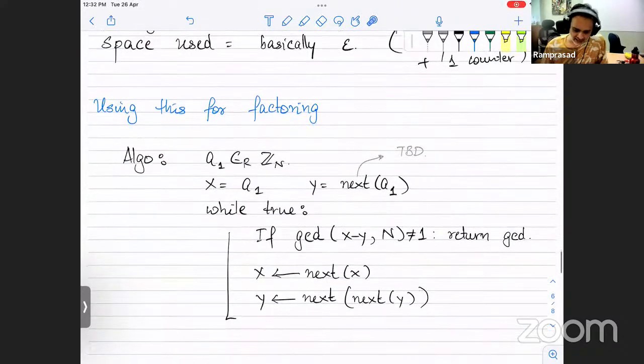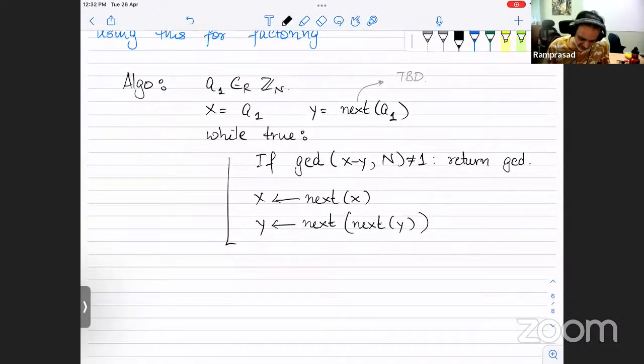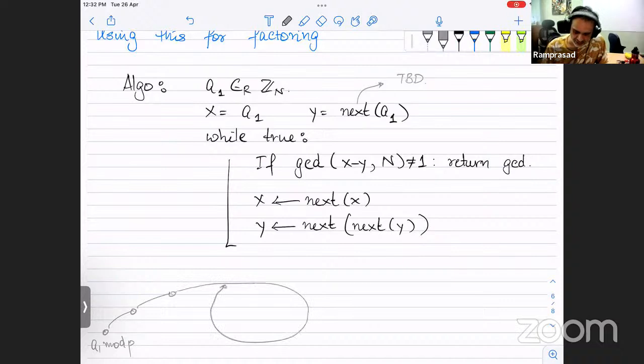And what's the idea? Think of the following loop in your head where I actually have A1 mod P, where P is one of the prime factors. The next function, whatever that A2 was, now that is A2 mod P. And then it goes to A3 mod P, etc. Which means at some point there is going to be a loop.